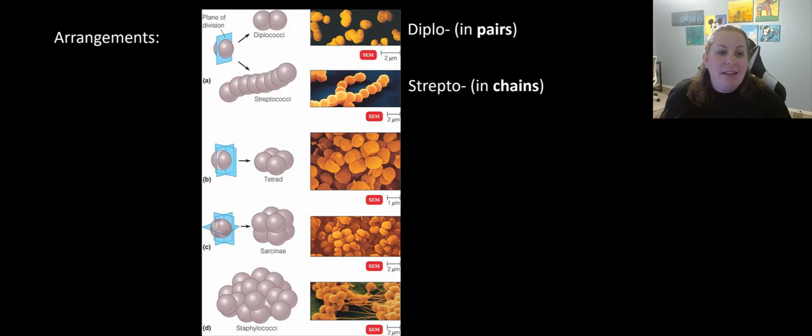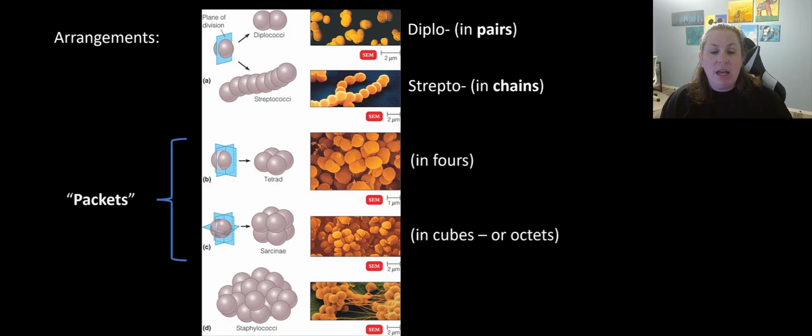They could be in tetrads. They could also be stacked tetrads. These guys are going to be when they come in fours, and they might be shaped like cube-like structures. These are known as packets, all right? They don't always get the special names like we saw with the streptococci and the diplococci. Now, if they come in clusters, we call that staphylo.